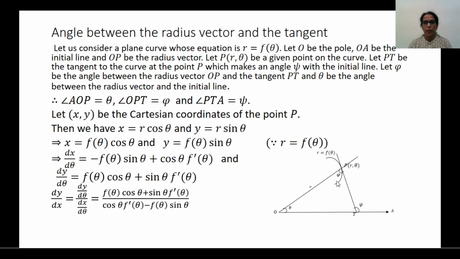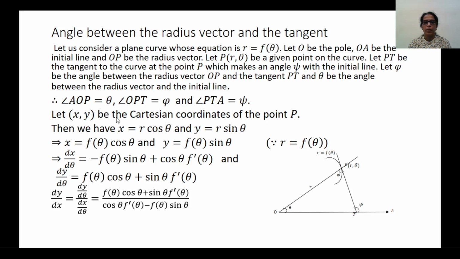Let phi be the angle between the radius vector and the tangent PT, and theta be the angle between the radius vector and the initial line. Angle AOP equal to theta, OPT equal to phi, and PTA equal to angle psi.